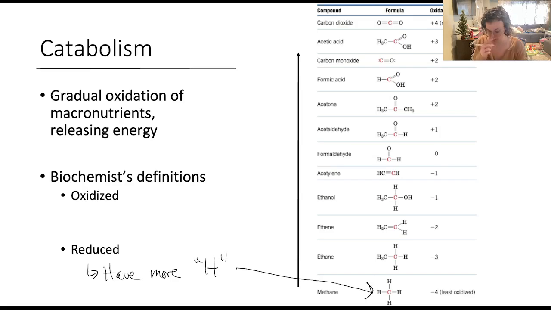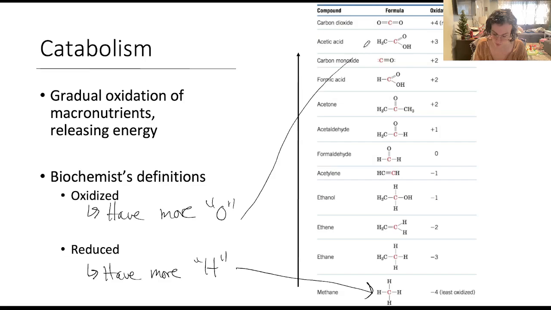So for example, we're not talking about the metabolism of methane, but you'll see for glucose, it has more hydrogen. Compare that to molecules that are more oxidized. These tend to have more oxygen, right? And we will see carbon dioxide being produced this semester. So these are some things to think about as we continue to discuss metabolism.